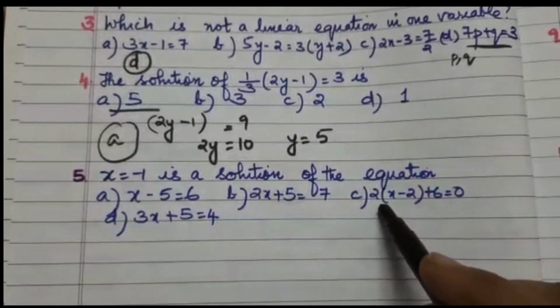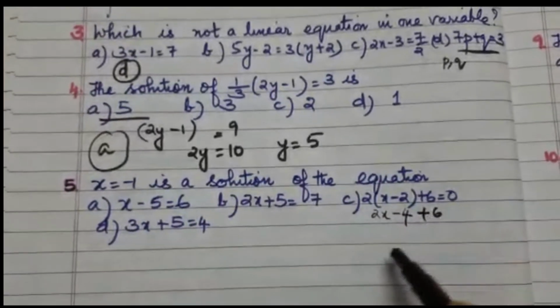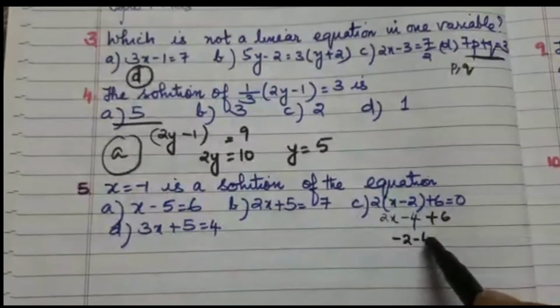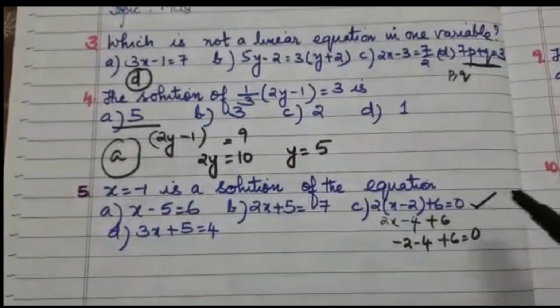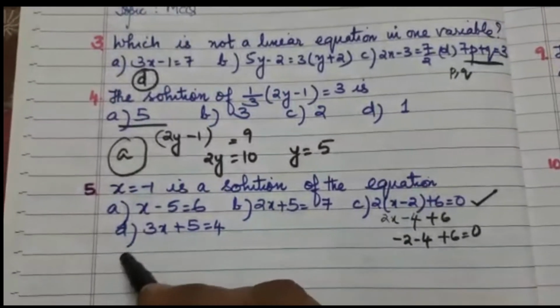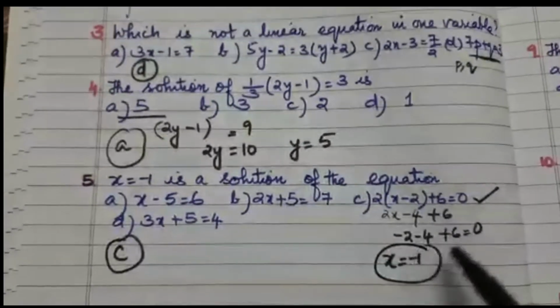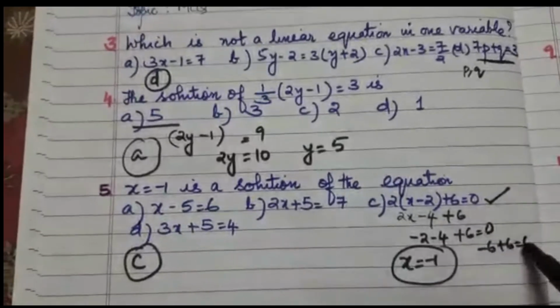Then this is 2x minus 4 plus 6, so minus 2 minus 4 plus 6 equal to 0. So the answer is C. When you substitute x equal to minus 1, the answer is C, because minus 6 plus 6, you get 0.